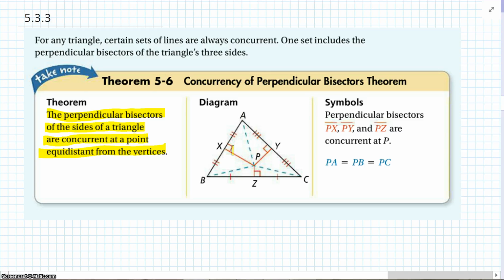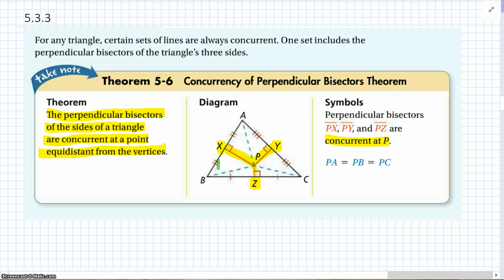You can see X is the midpoint of AB, Y is the midpoint of AC, and Z is the midpoint of BC. We extended a line perpendicular from point X out. We extended a line from point Y perpendicular to AC, and we extended a line from point Z perpendicular to BC. And they're all going to intersect at point P. That's where they're all concurrent.